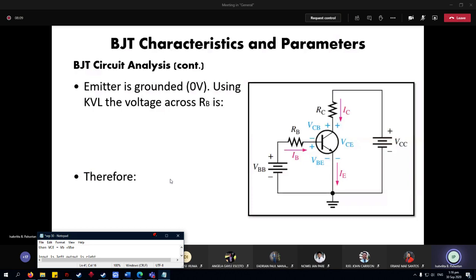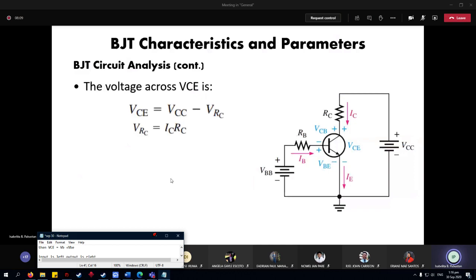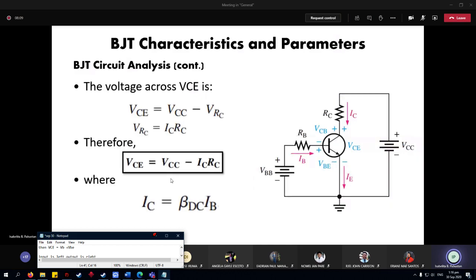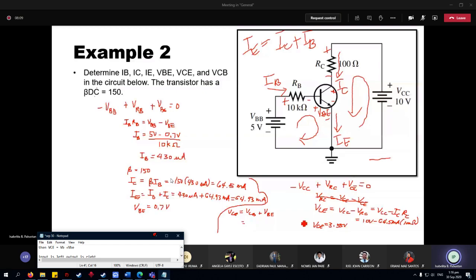VCE is equal to VCB plus VBE. So therefore your VCB will be equal to VCE minus VBE, right?